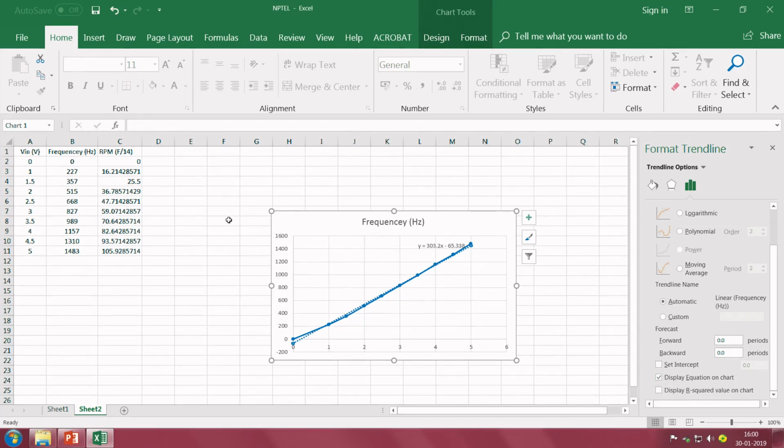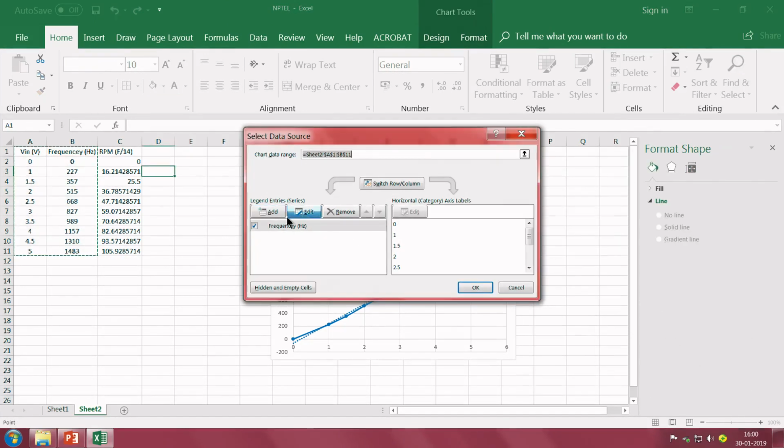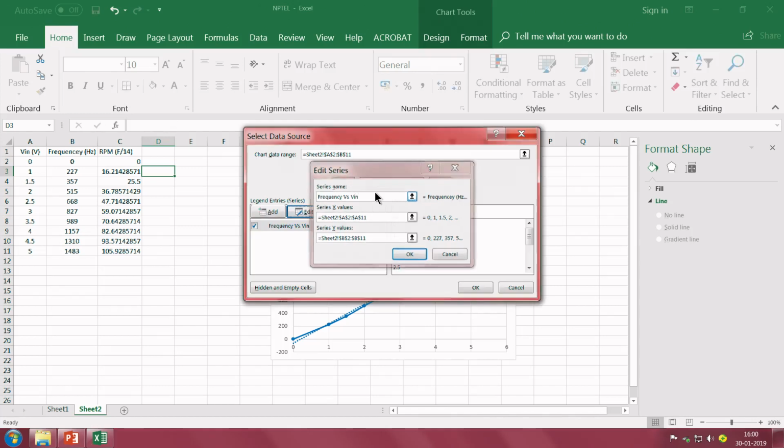Now if I plot with respect to the RPM, I will go with add new sequence, select data. So this I rename as frequency versus Vin.